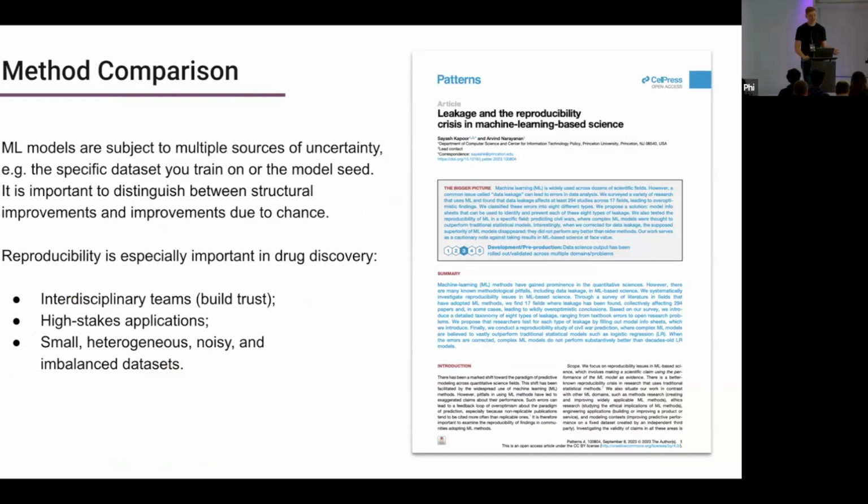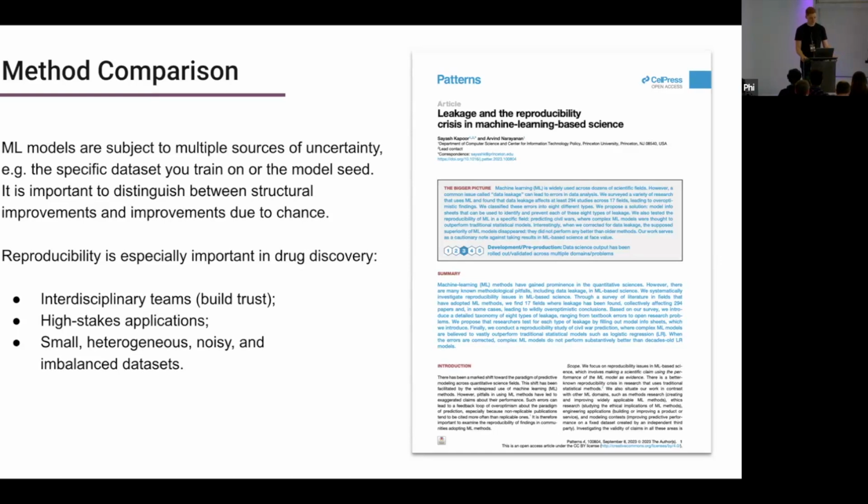I think what's important to remind ourselves of is that the whole process of training a machine learning model is subject to multiple sources of uncertainty. The specific split you use to train your model, the specific data set you use to train your model on, all of these things introduce some stochasticity, some randomness into the process.